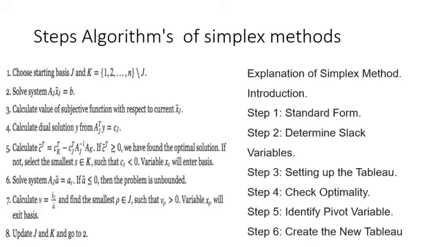Then we determine a pivot element and use matrix row operations to convert the column containing the pivot element into a unit column, and if negative elements still exist in the bottom row, we repeat the step. When the final matrix has been obtained with no negative values, then the final basic solution is there. This will give the maximum value for the objective function, and the values of the variables will be the maximum.